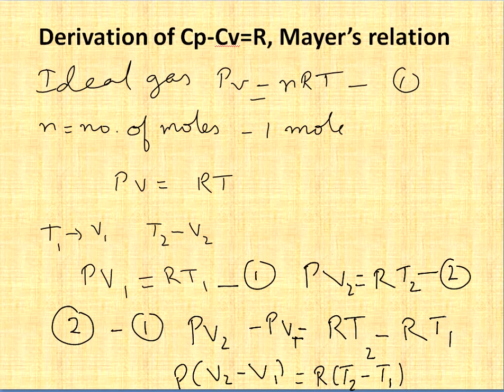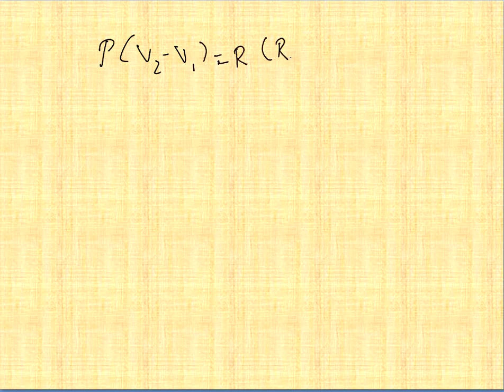Clear? So next I have to write the equation again: P(V2 minus V1) is equal to R(T2 minus T1).